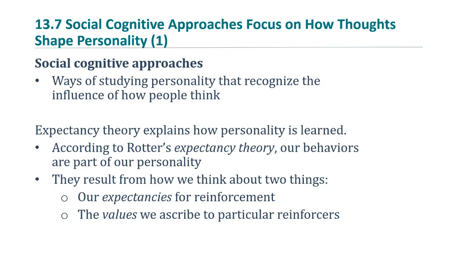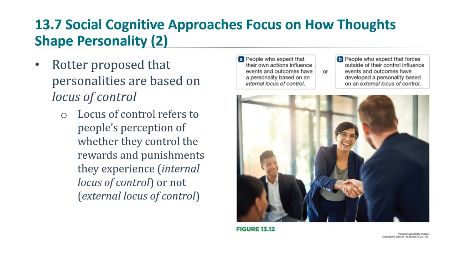You're constantly driven to do behaviors in your life that will bring reinforcers that mean something to you, reinforcers that you value. Rotter also proposed that personalities are based on locus of control. Locus of control refers to people's perception of whether or not they control the rewards and punishments they experience.